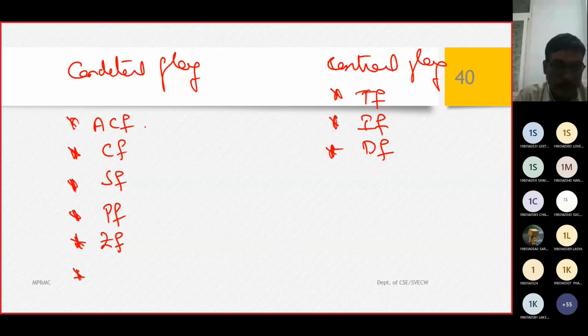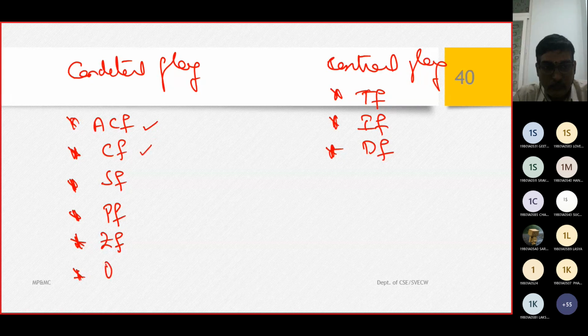When we are dealing with the auxiliary carry flag, it is working with binary coded decimal numbers. If there is a carry, then we specify it with a carry flag. If there is a positive number or negative number, we specify it with a sign flag. To mention an even parity or an odd parity, we use the parity flag. And if the answer was 0, zero flag is set to high.